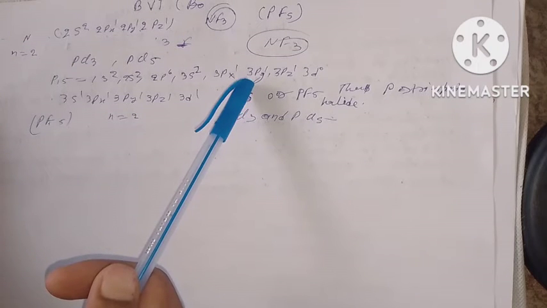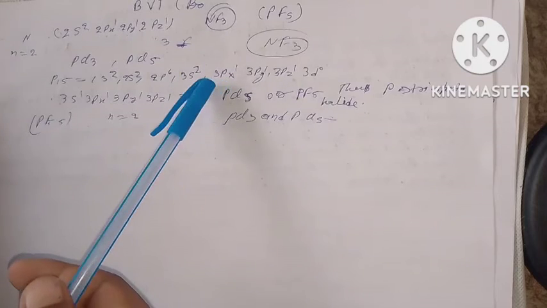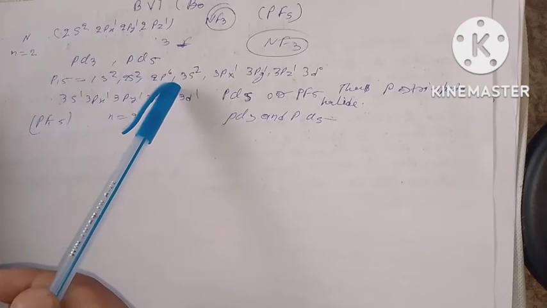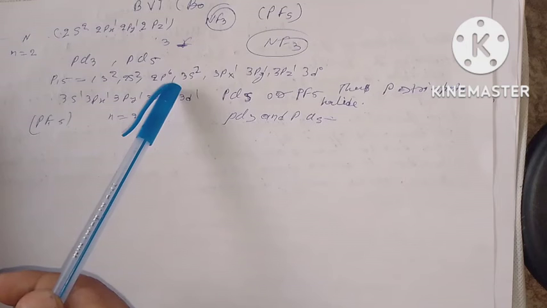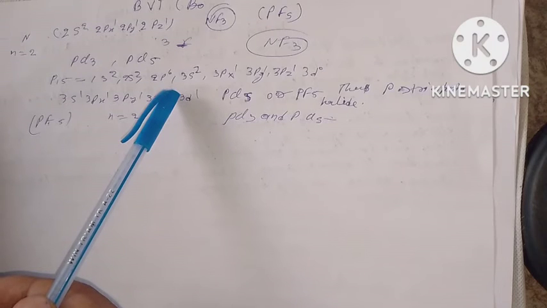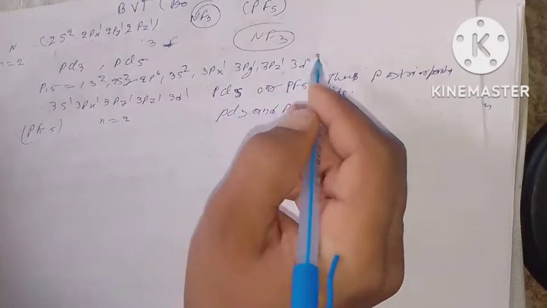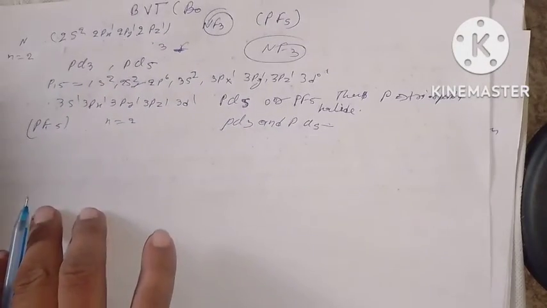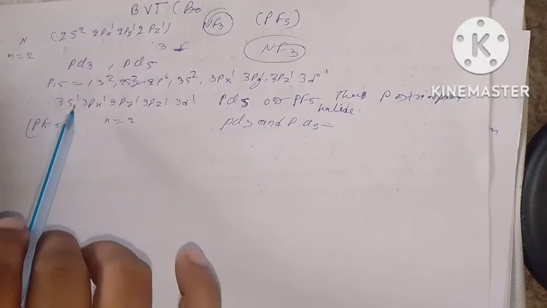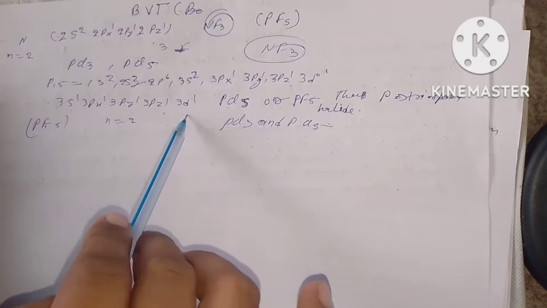In addition, one electron of 3s2 of P is unpaired and enters into a vacant 3d orbital of P, so P gets 5 unpaired electrons occupying 3s1, 3px1, 3py1, 3pz1 and 3d1.